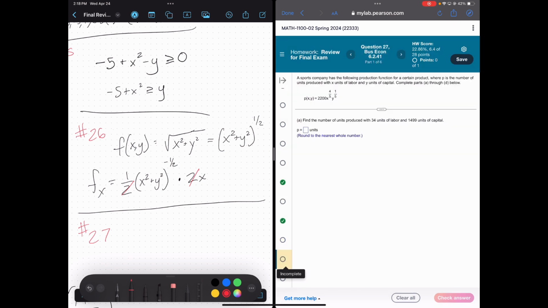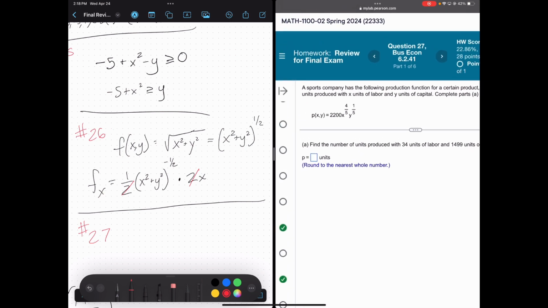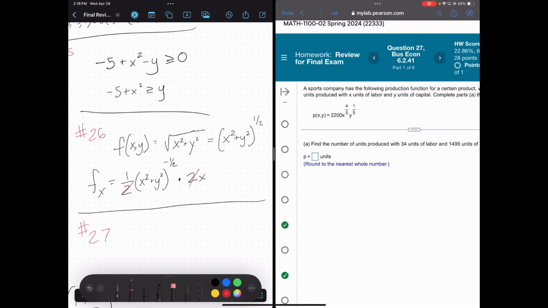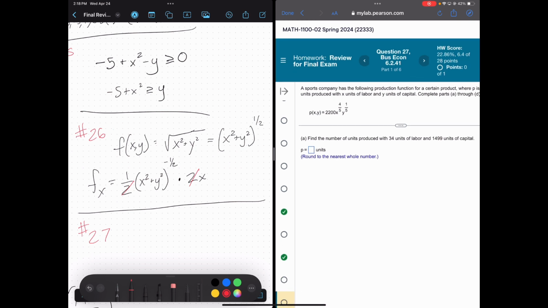This is the whole units of labor, units of capital type problem that we looked at last week. Part A, all you're doing is just plugging in values for x and y. And then part B is finding the partial derivative.